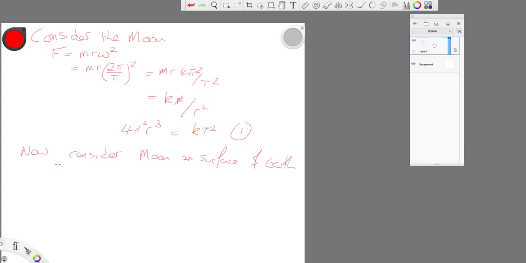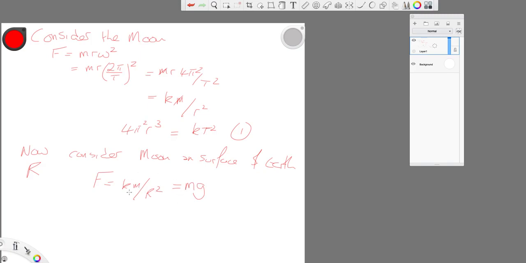So if the radius of the Earth is R, then this moon is performing circular motion, F equal to k m over R squared, right? And of course that will equal m g. That is the gravitational force of attraction of the Earth for the moon, right?